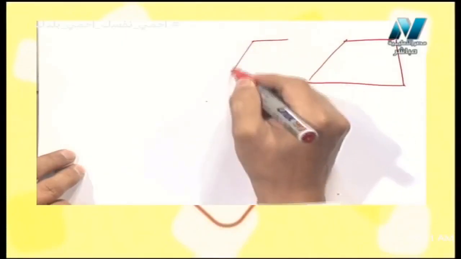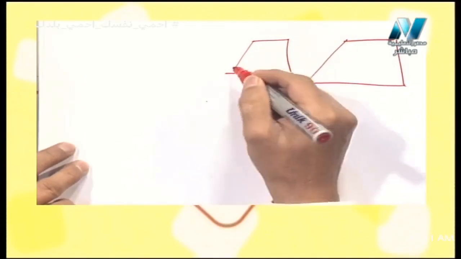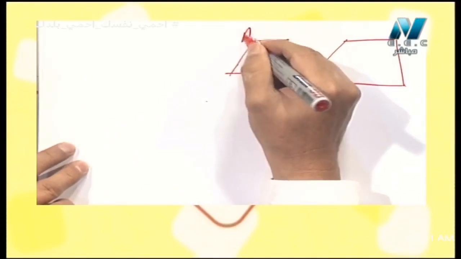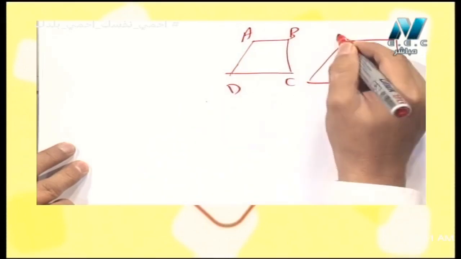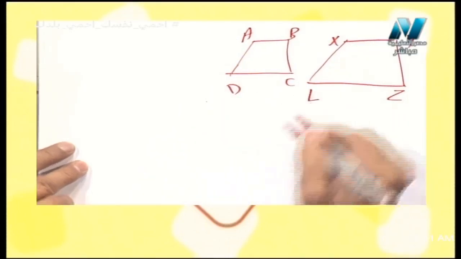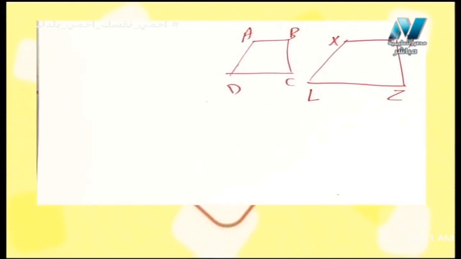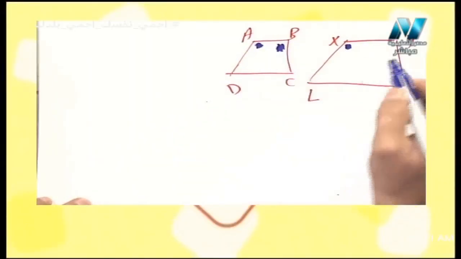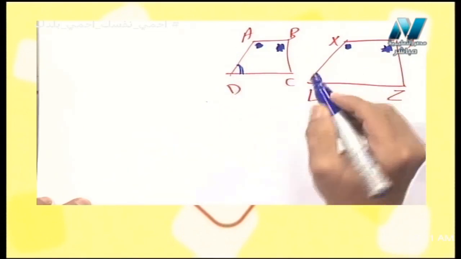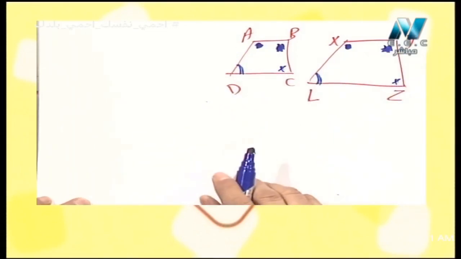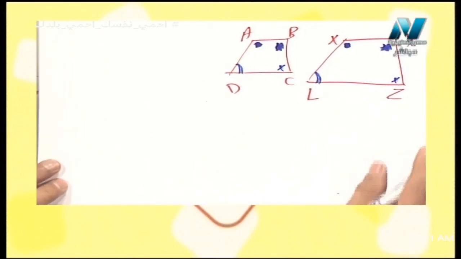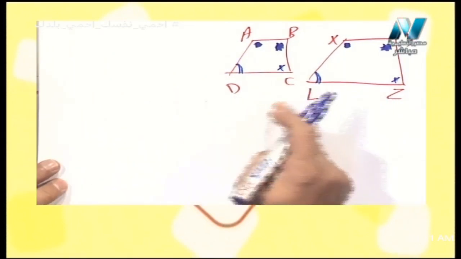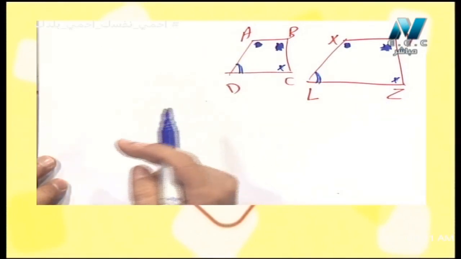If we have this quad and this quad again, A, B, C, D, X, Y, Z, L, and we know that these two polygons are similar because each two corresponding angles are equal in measure, and each two corresponding sides are proportional, we have to write these two quads in an easy method.